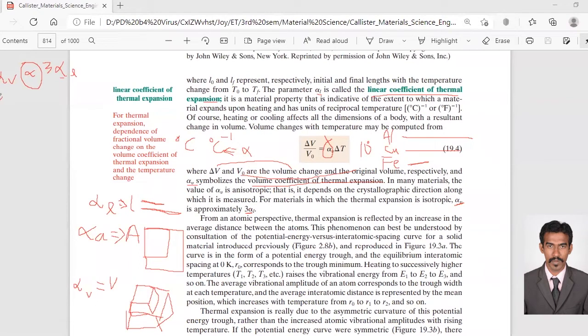In a similar way, alpha A is directly proportional to, almost even equal, though not always, to alpha L.